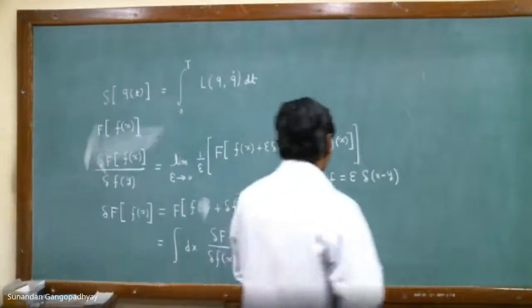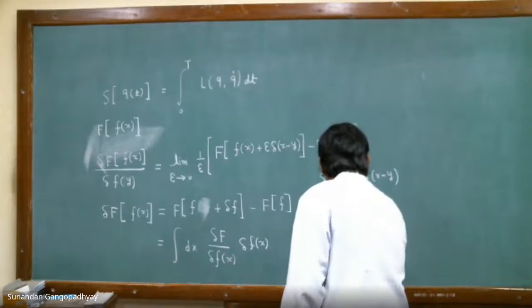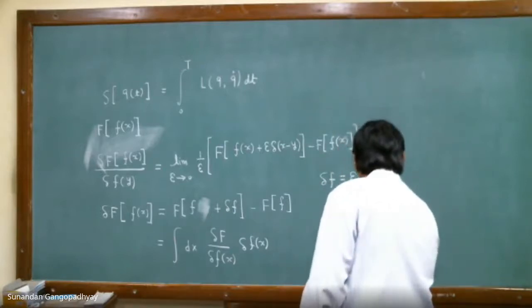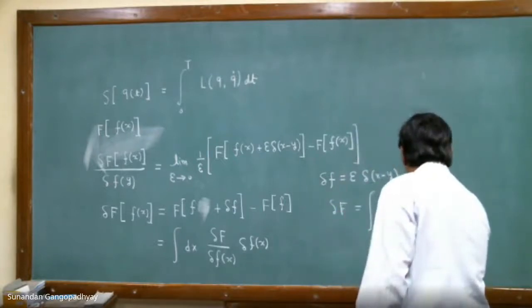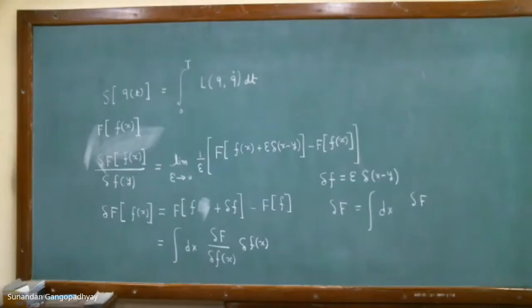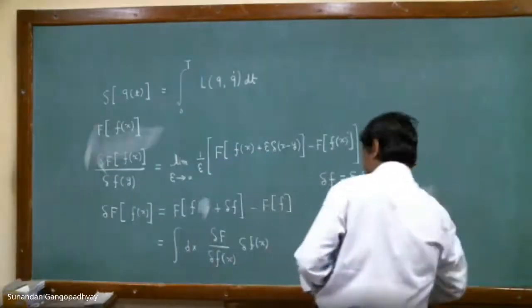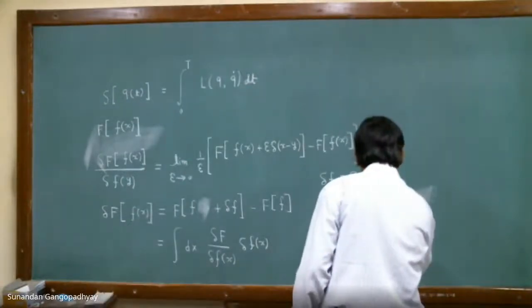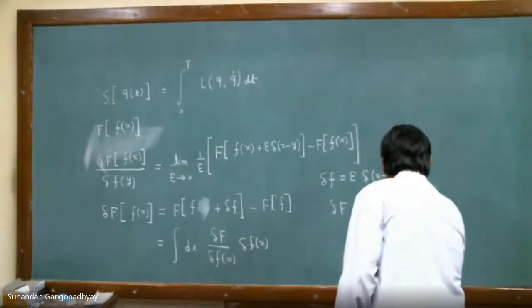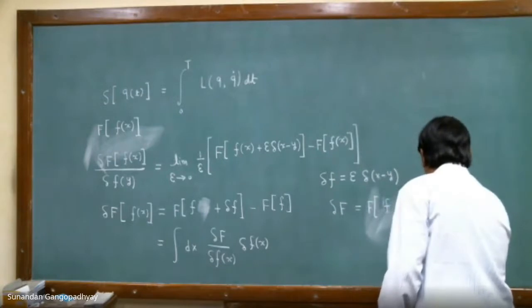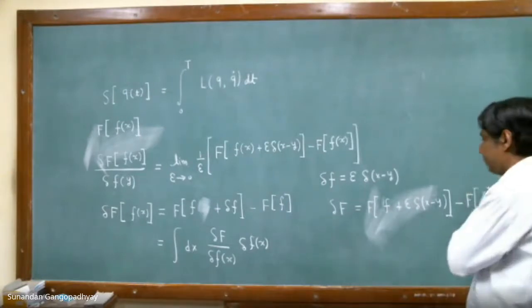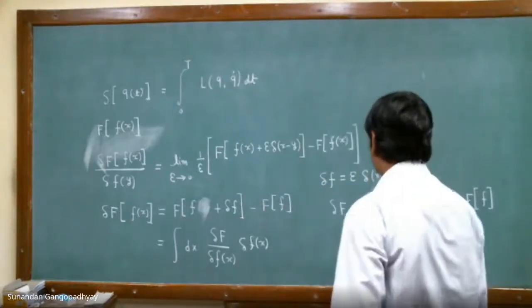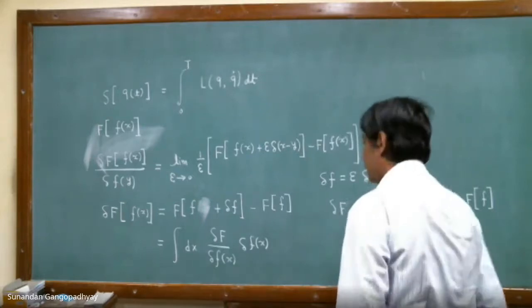So now what we have is the following. If you put this over here, then you have delta F that is equal to dx, so this by definition will be delta F that is equal to F of f plus delta f minus F of f, just put it over here, and this is equal to integral over dx.